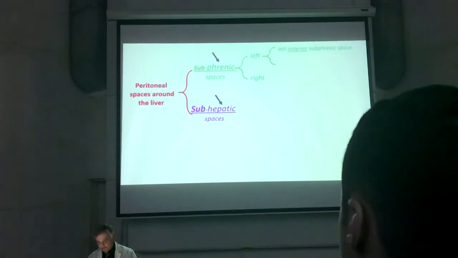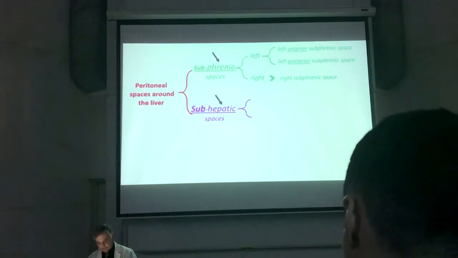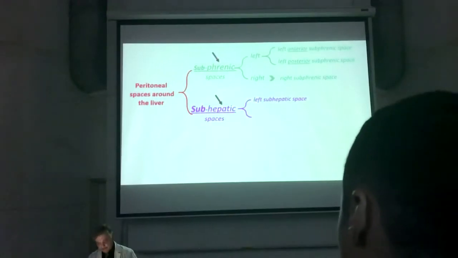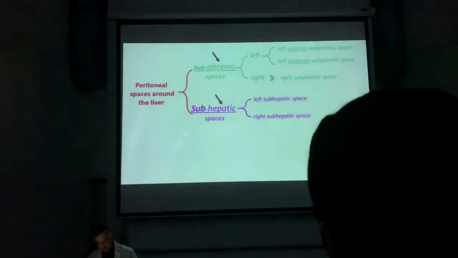The ones on the left, there's left anterior and left posterior. The ones on the right, one space, right subphrenic space. The subhepatic, left subhepatic space and right subhepatic space.